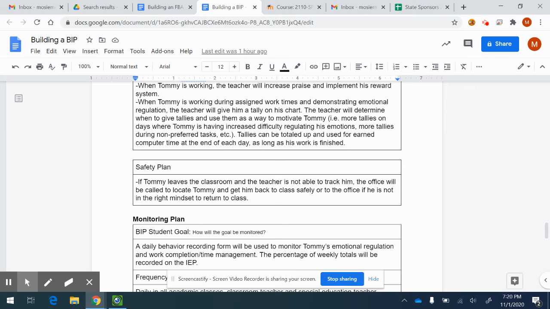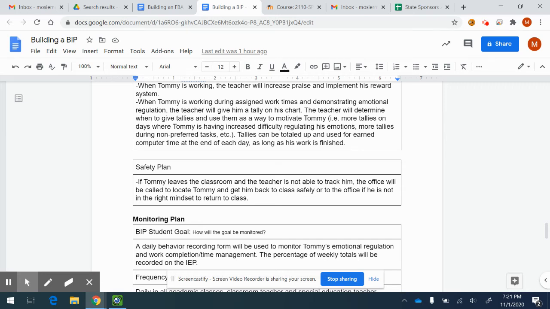As far as the safety plan goes, and next week when we meet, we'll talk specifically about safety plans and what those look like. But for Tommy, really the only concern of safety is when he leaves the room and a teacher is unable to track him to see where he goes. Sometimes that's because the teacher has several other students in the room or because he runs away and we're not able to find him.